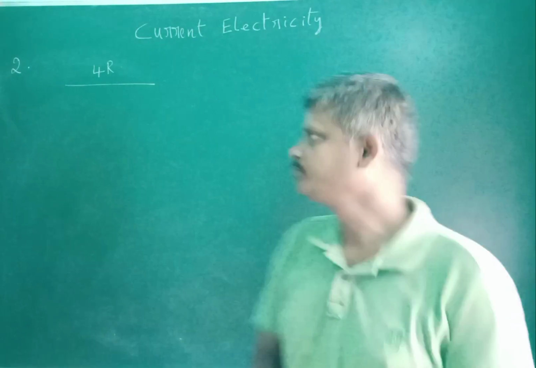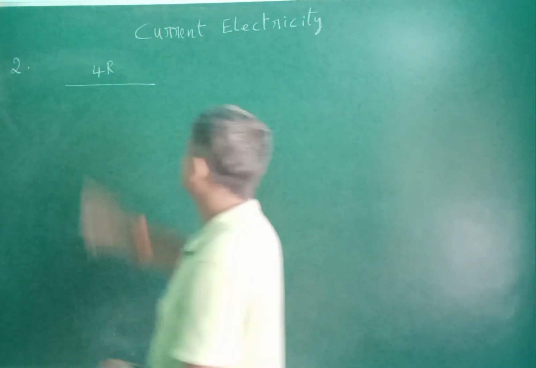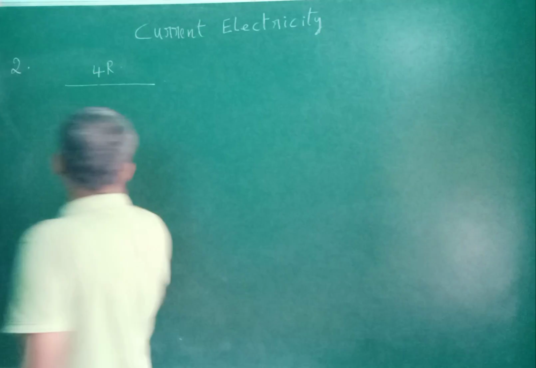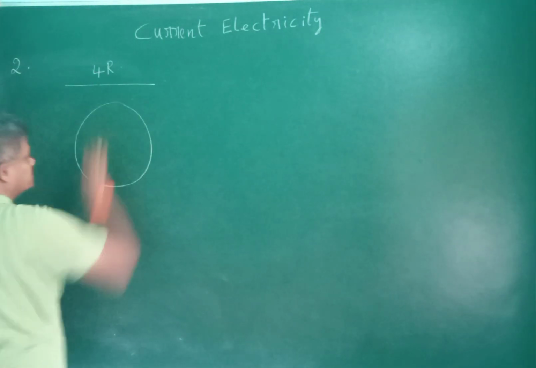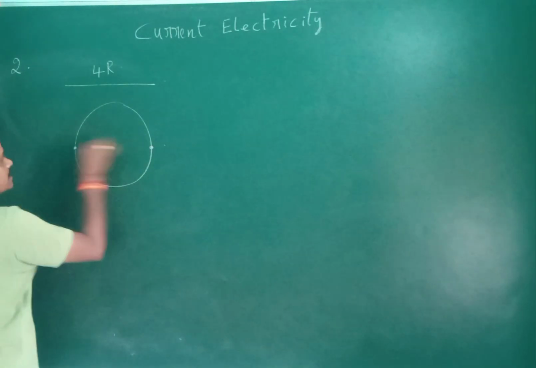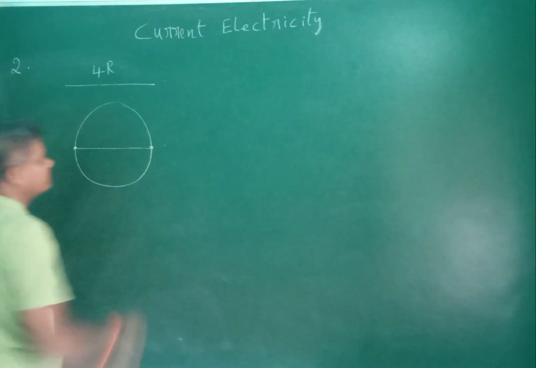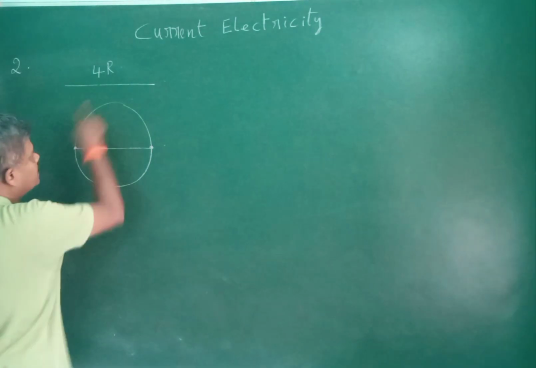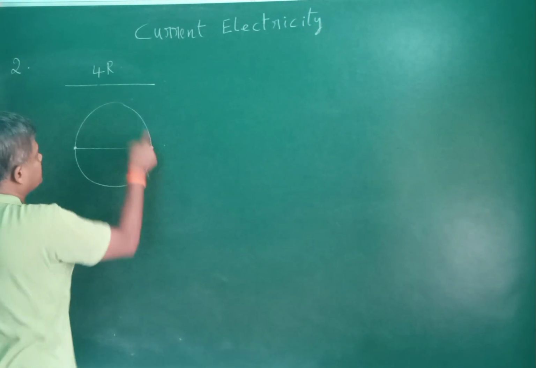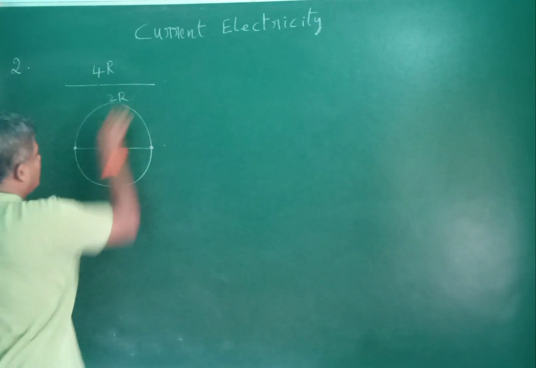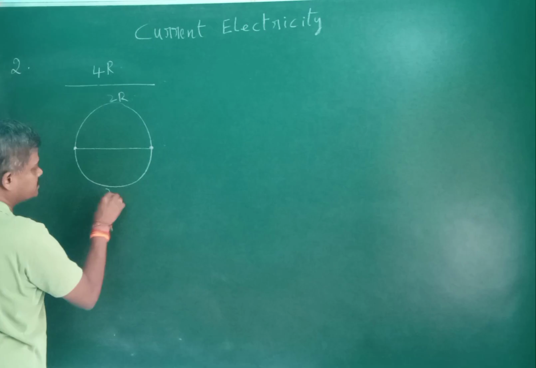Question number 2. A wire of 4R resistance is bent in the form of a circle. Find the resistance across the ends of the diameter. If I connect these 2 points, this is the diameter, and the total resistance is 4R. That means this part of the wire has a resistance 2R, and this part of the wire has a resistance 2R.